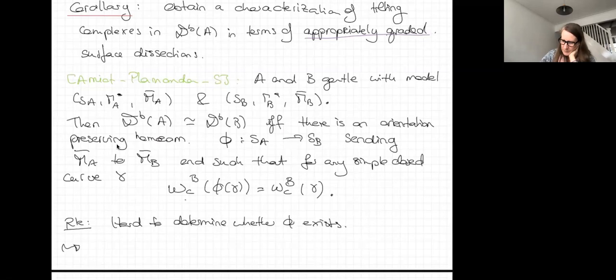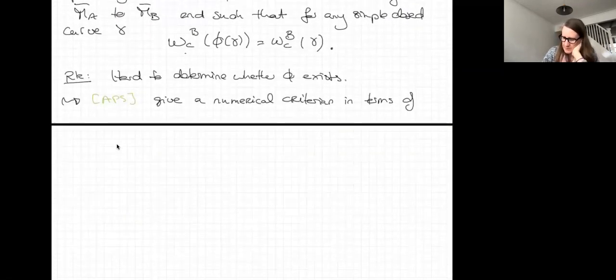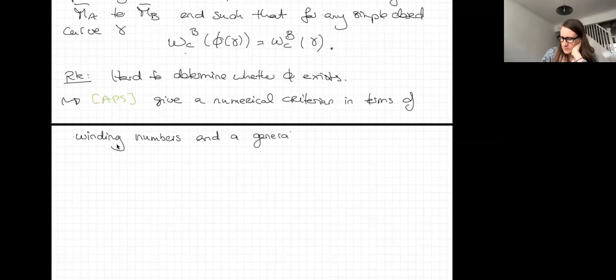And we do in APS give a numerical criterion in terms of the combinatorial winding numbers and a generating set, or a special generating set of the fundamental group of the surface.